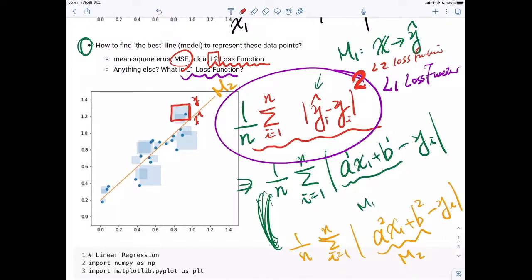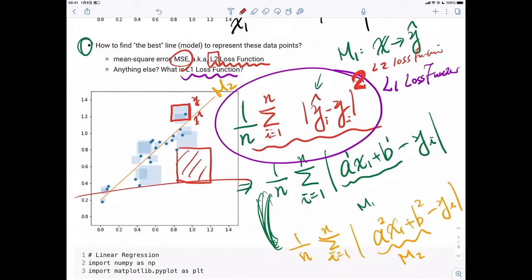If the area is smaller, then we consider the model, the orange line, much better than the other one. If you have another model which is a little bit crazy like this, the square right here would be very huge. So that is how we measure different models.